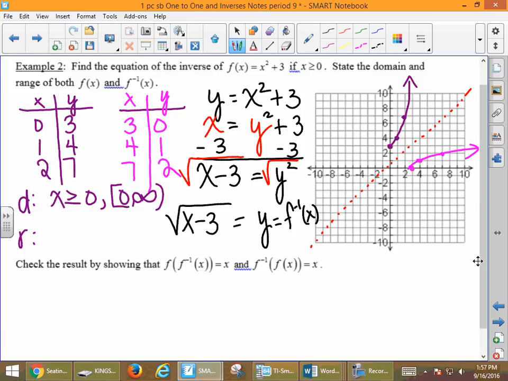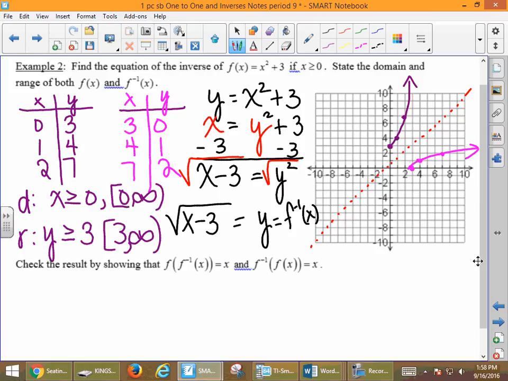Our range is y is greater than or equal to 3. 3 is on the graph, and then it's everything above. And again, as an aside, in interval notation, that would be 3 with a bracket to infinity with a parenthesis. The bracket means that it is included.